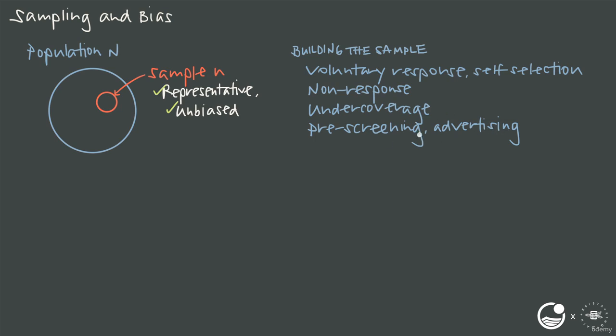We're setting ourselves up for a certain kind of sample. We're introducing bias just in the pre-screening process or in the way that we advertised for this study.